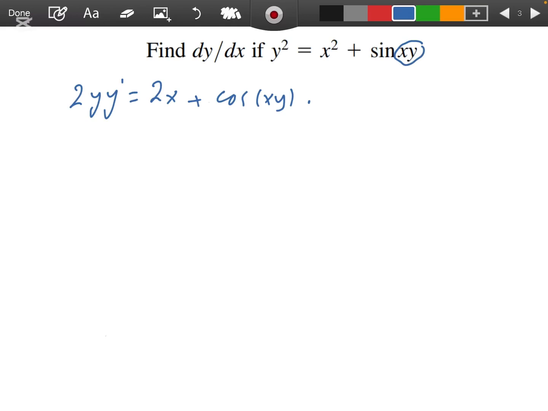The one inside is x times y, the product rule. So I'm going to take x and the derivative is 1. I'm going to take y and the derivative is y prime. So u prime v, 1 times y, plus v prime u, x times y prime.